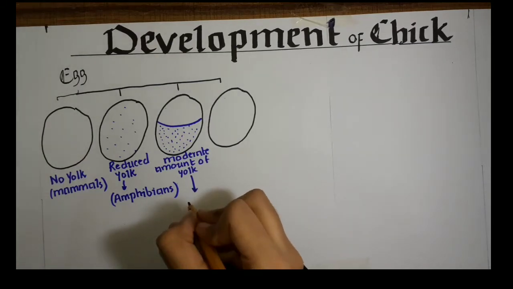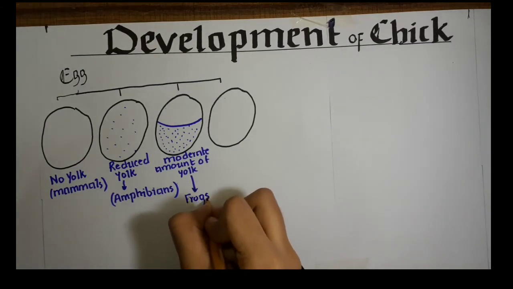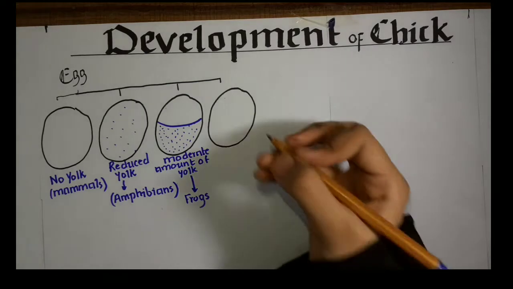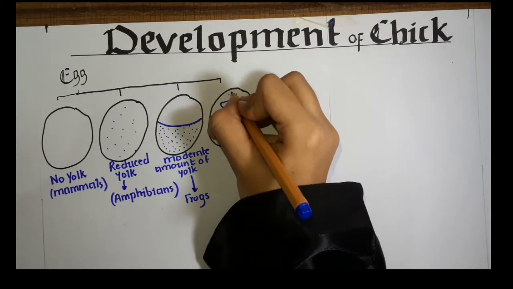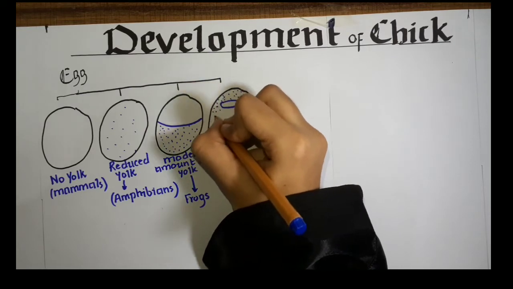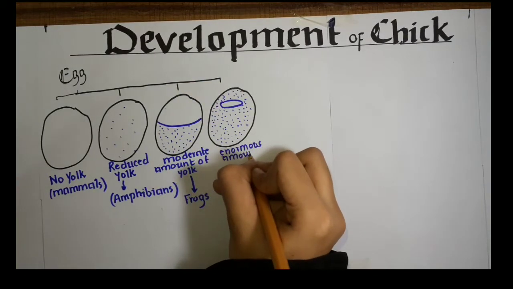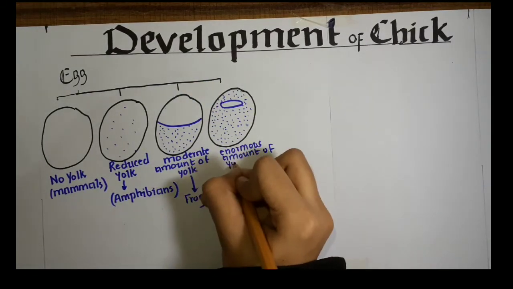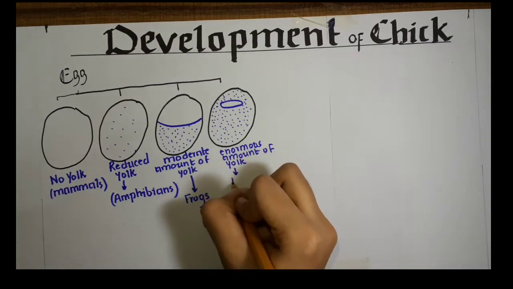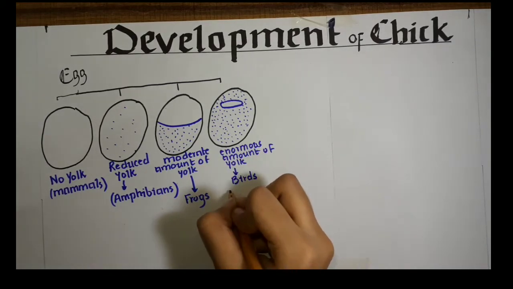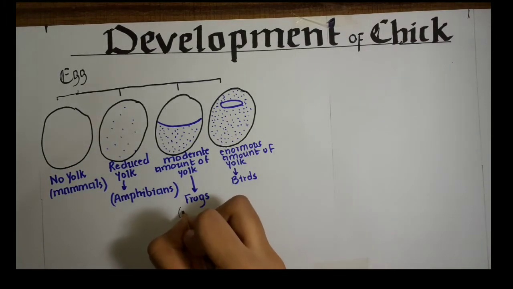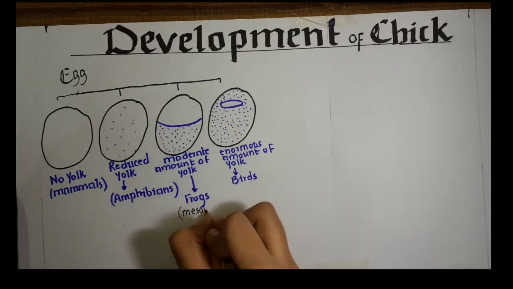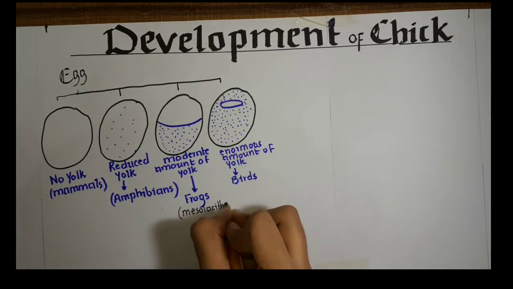And the fourth and last one is the egg having a very little portion free of yolk, meaning all of the egg is covered by the yolk, and this type of egg is found in birds, and we can say in chick. So now we know that in chick we have an egg with an enormous amount of yolk.